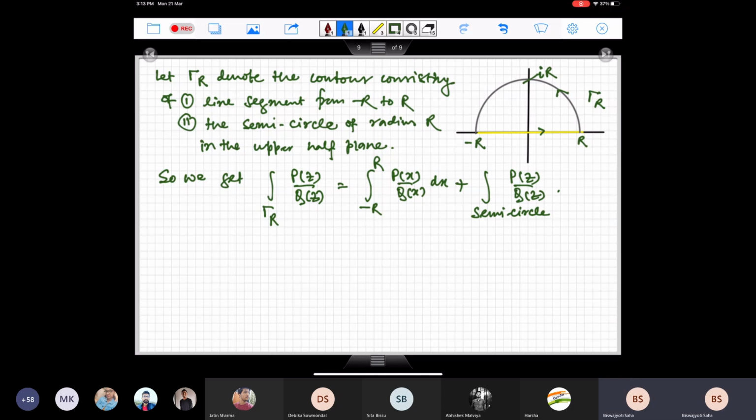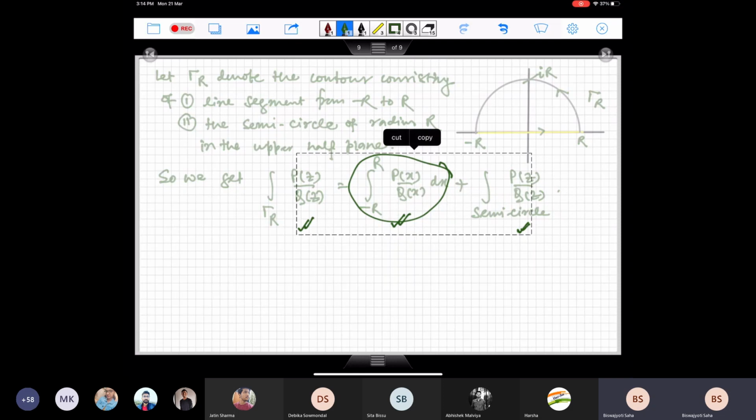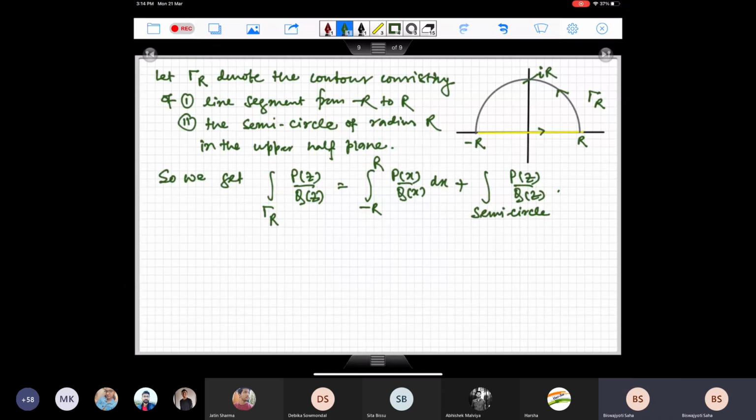And now remember, I need to calculate this integral, and then I have to take r tending to plus infinity. And I will get this integral provided I know this one as well as this one. Remember, my target quantity is this one, so I have to take care of this guy and this guy. Okay. So now, if we understand what we really need, one thing should be very clear.